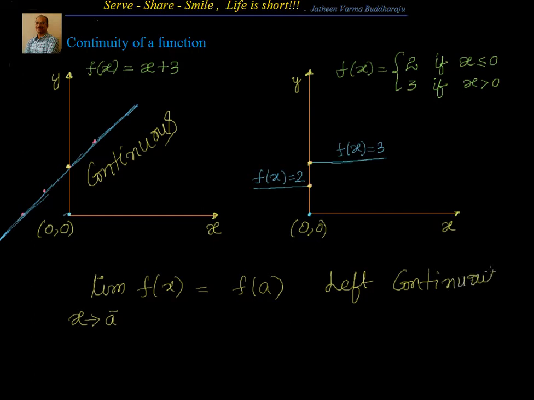If it is left continuous, that means it is automatically right discontinuous, because you are continuous only on the left hand side. Similarly, if limit x tends to a plus f of x, that means the right hand limit, exists and is equal to f of a, then the particular function is called right continuous.